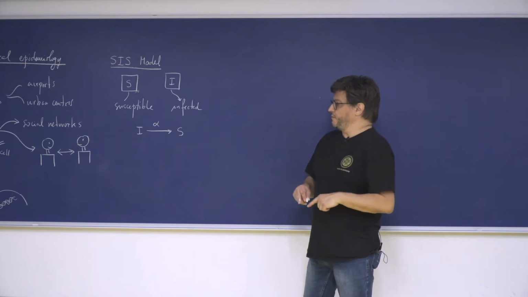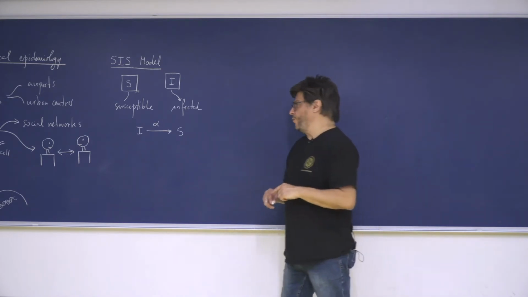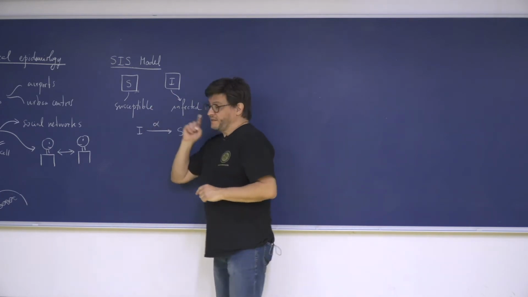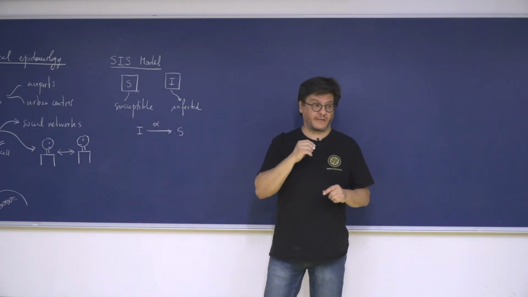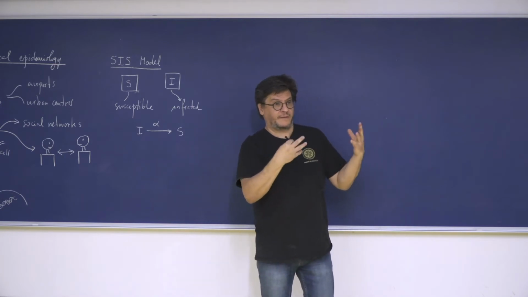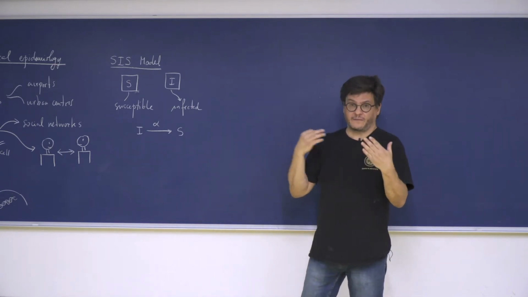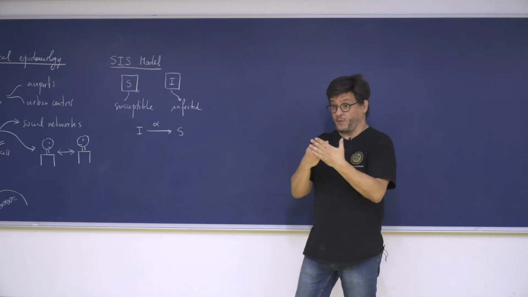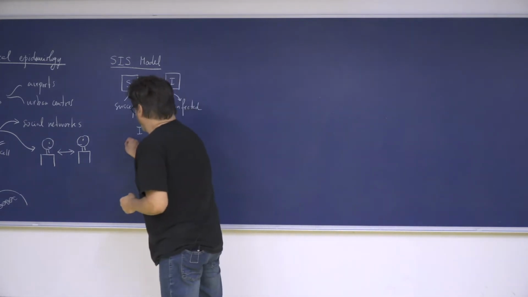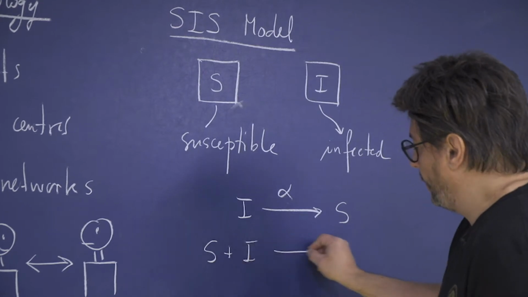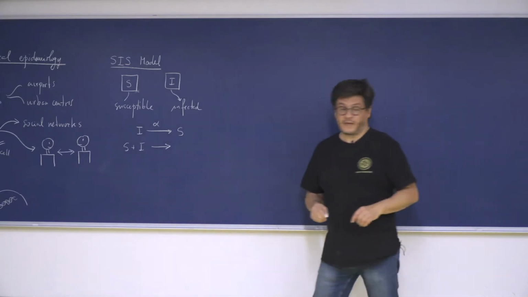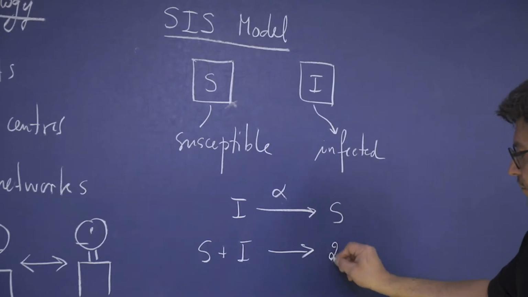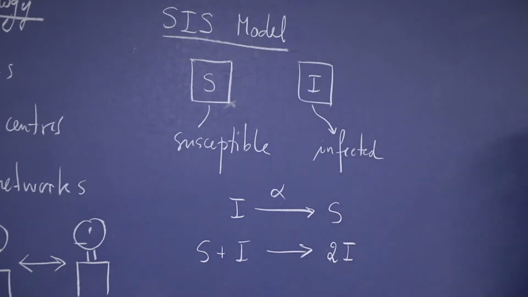The second mechanism is more sophisticated, it's more important, and includes a non-linearity. To get sick, I cannot get spontaneously sick. I cannot just be healthy and then be sick. I need to get together with someone who is actually infected. So, a pairwise interaction. I need a susceptible and an infected to get together to have two infected people.